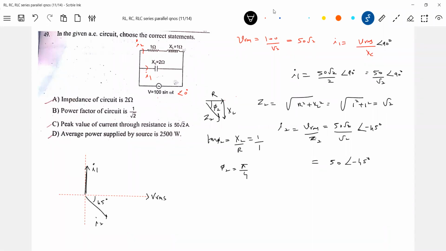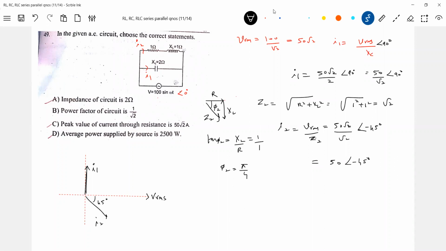Is it justified? You can draw this in the first quadrant or anywhere. Don't show VRMS here. You can see I2 and VRMS will have some phase angle. The impedance triangle is what I drew.